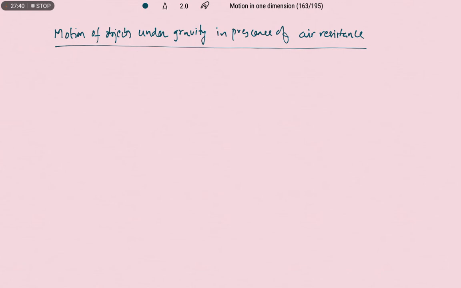Right, so when the object is thrown vertically upwards, the time taken by the body to reach the maximum height is the time of ascent. In the same way, after reaching that point, the object comes back to the ground, and the time taken is known as the time of descent. When we neglect air friction, the time of ascent is equal to the time of descent, as we already studied.